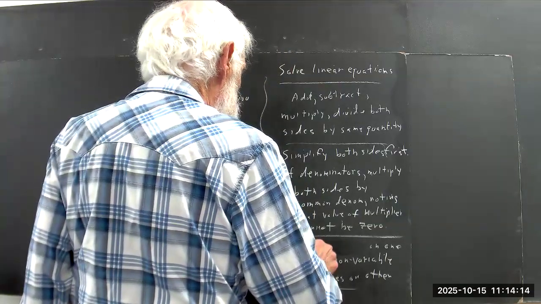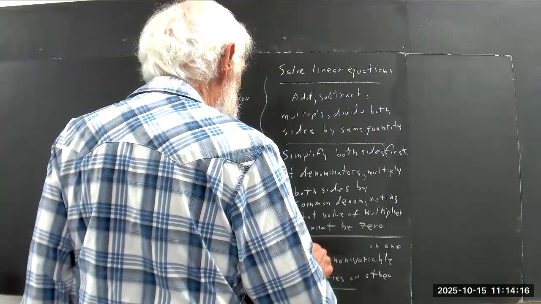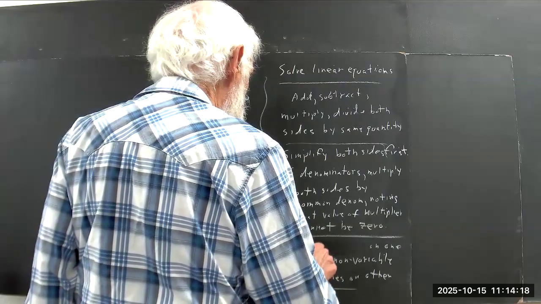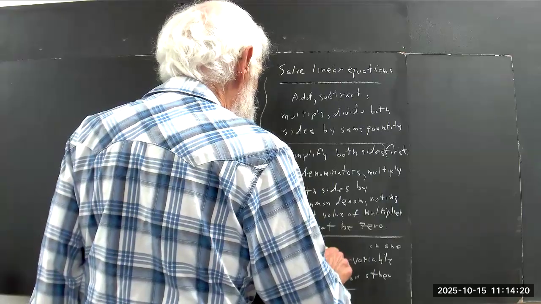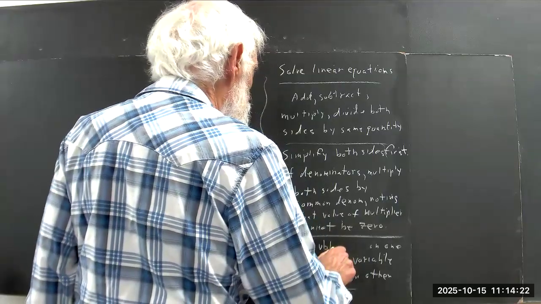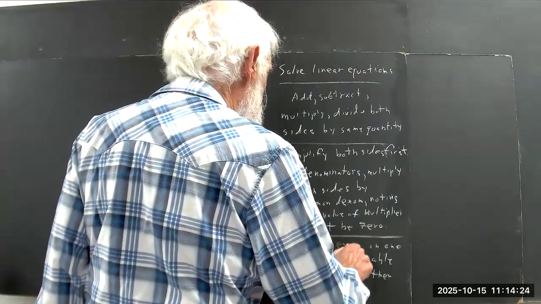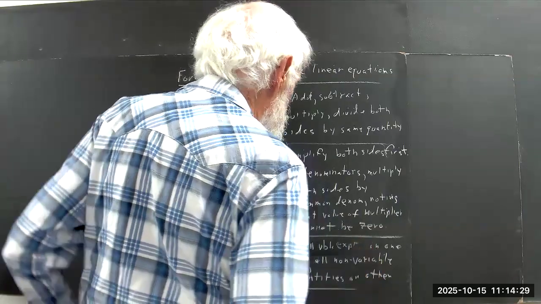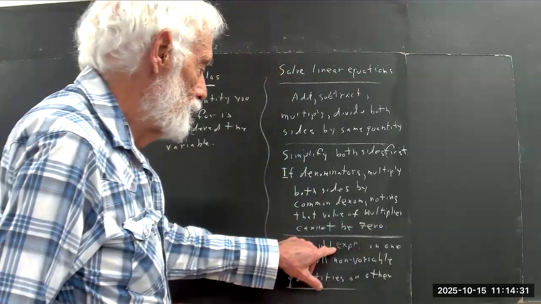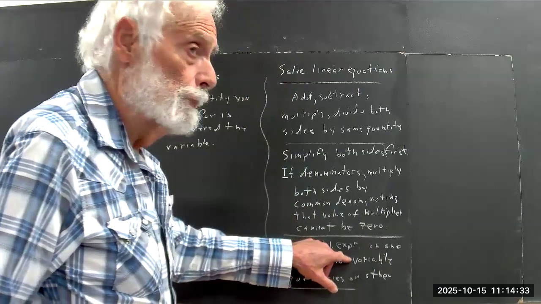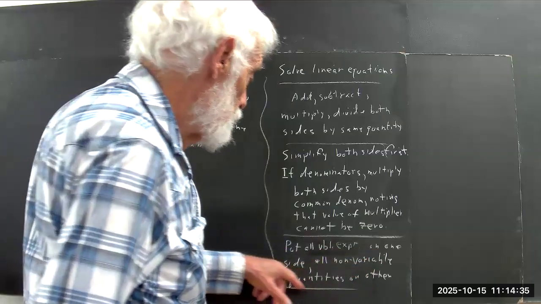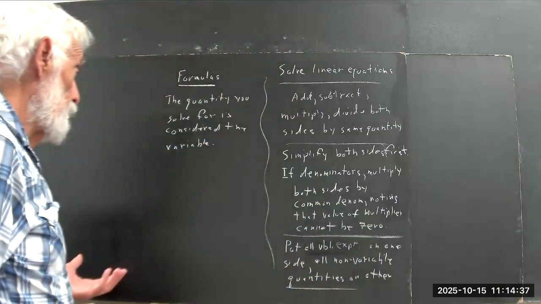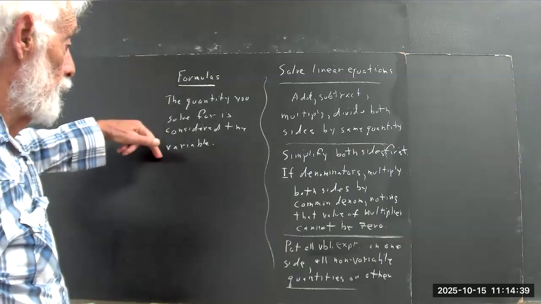So I'm going to say put all variable expressions. And I didn't leave myself a lot of room. That right there says all variable expressions on one side and non-variable quantities on the other. So that applies to formulas.